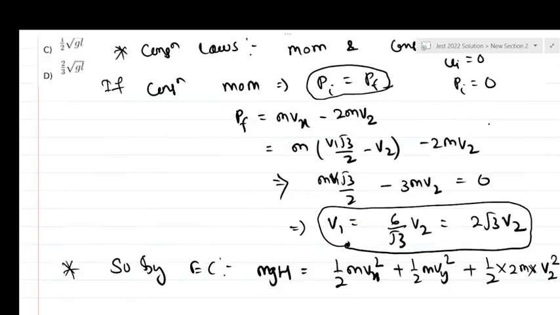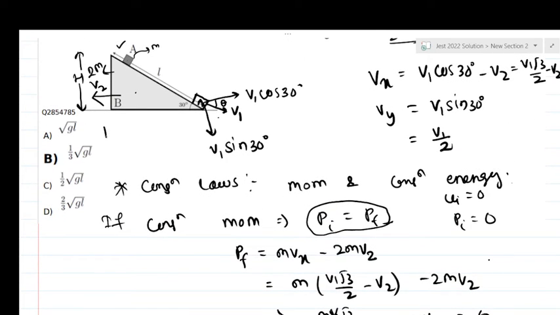And from the figure, h is equal to L sin 30, so h is equal to L by 2.